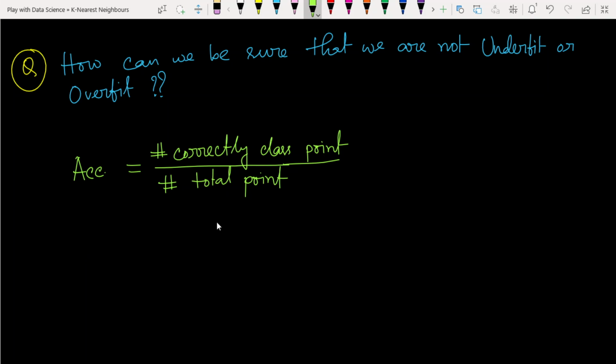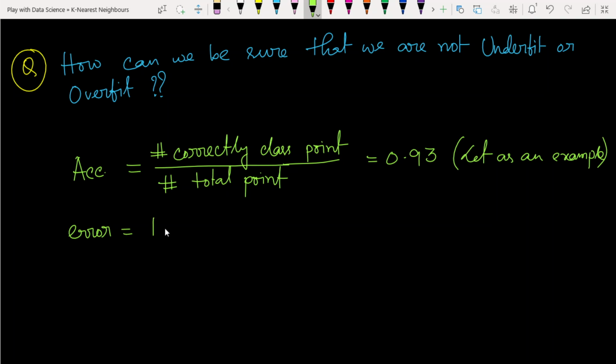Suppose our accuracy is 0.93, as an example. Then what will our error be?